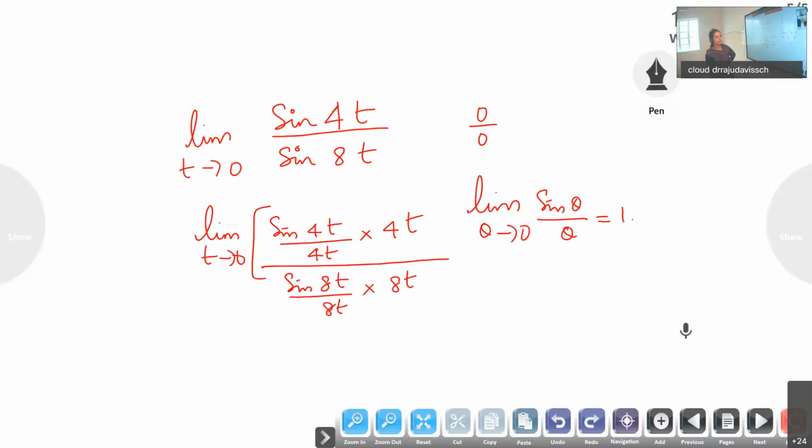Is it okay? If it is sine theta by theta, for the numerator we need 4t, so we multiply and divide by 4t. For sine 8t, we multiply and divide by 8t.